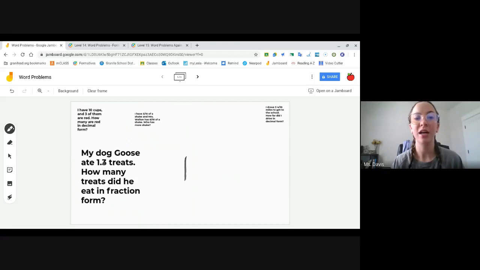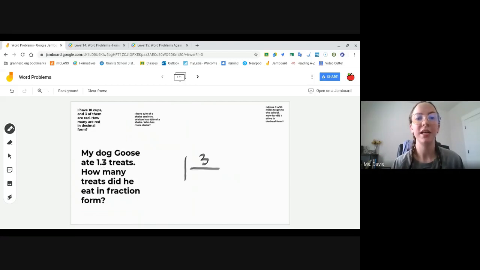After the decimal, I know that anything on the right side is going to need to be turned into a fraction. The digit here after the decimal, that's going to be my numerator. So he ate 3 parts of the treat. And then the place value that the 3 is in tells me what my denominator should be.